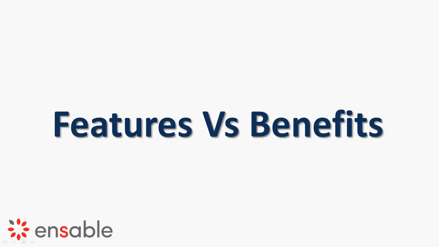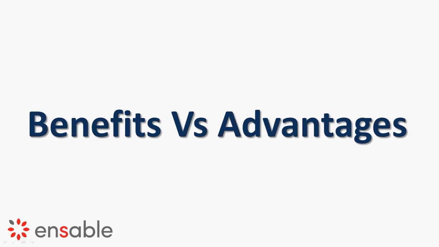Another important factor to take into consideration in your communication is features versus benefits. This is a common strategy where we need to avoid talking about features and talk more about benefits. And if you can take it a step further and talk about advantages, you would be 10 times more effective than your competition.